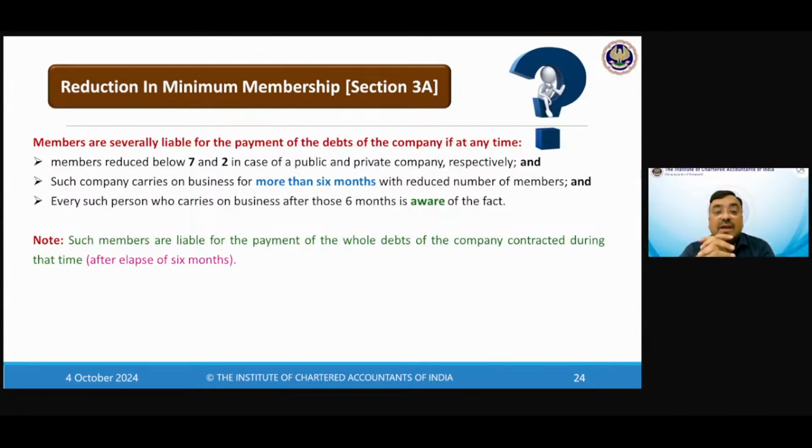and such members are liable for the payment of whole debts of the company during that time after 6 months. Right? Please read it once again.